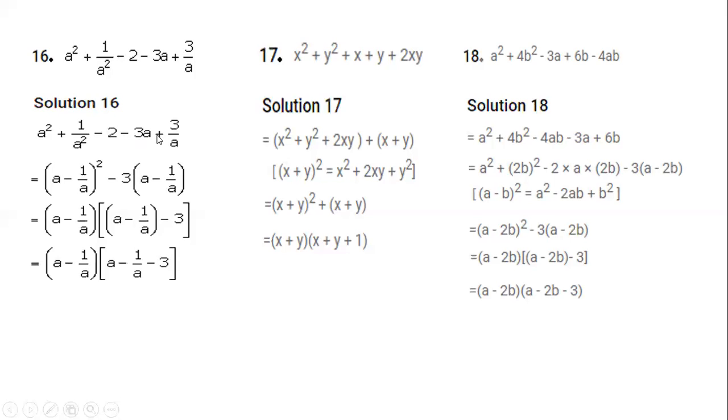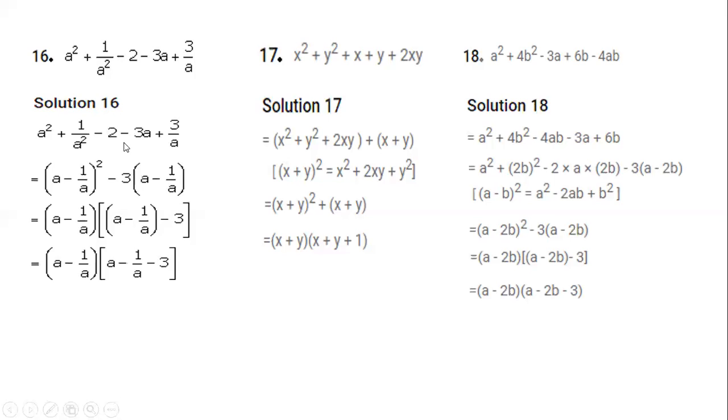Minus sign is here, plus sign is here. If I take only 3 common, then this a will be negative. But according to this, a should be positive. So I'm going to take minus 3 as the common quantity from the fourth and fifth term, and we are left with, from this one, plus a, and from the other, minus 1 by a.